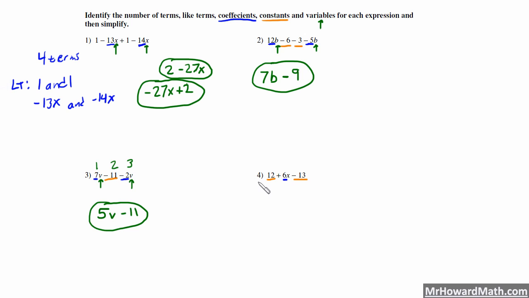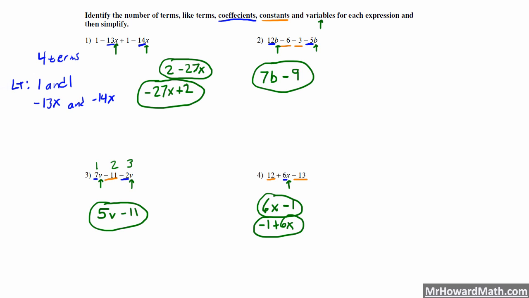Variables, our variable is x, and there's only 1 term with a variable. Okay, let's combine like terms. So x terms, we just have 1 x term, and that is 6x. Constants, we'll combine those. 12 minus 13 is a negative 1. So 6x minus 1. We could also write this as negative 1 plus 6x. Either way is fine. These are both correct.